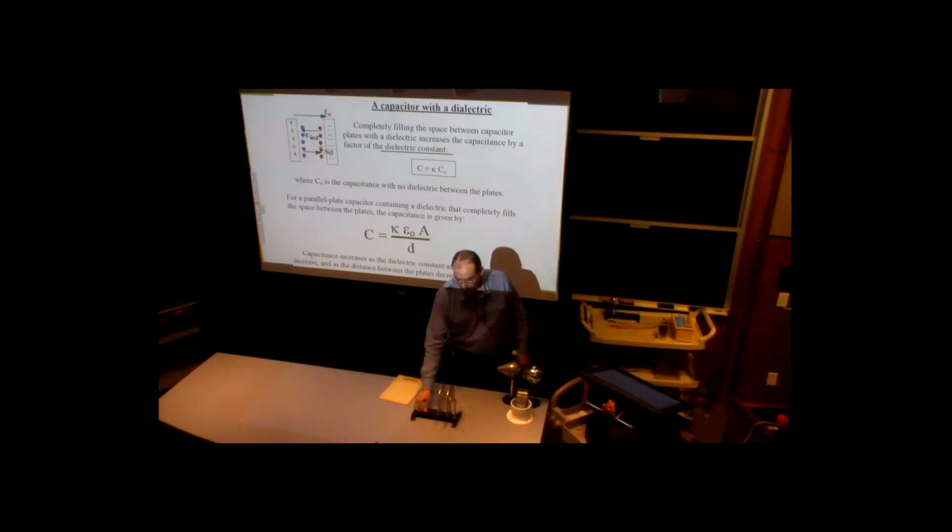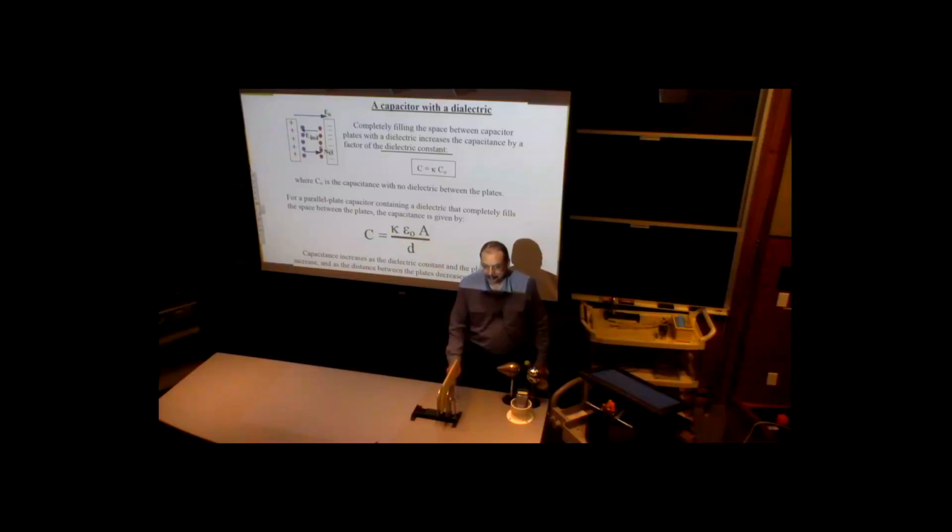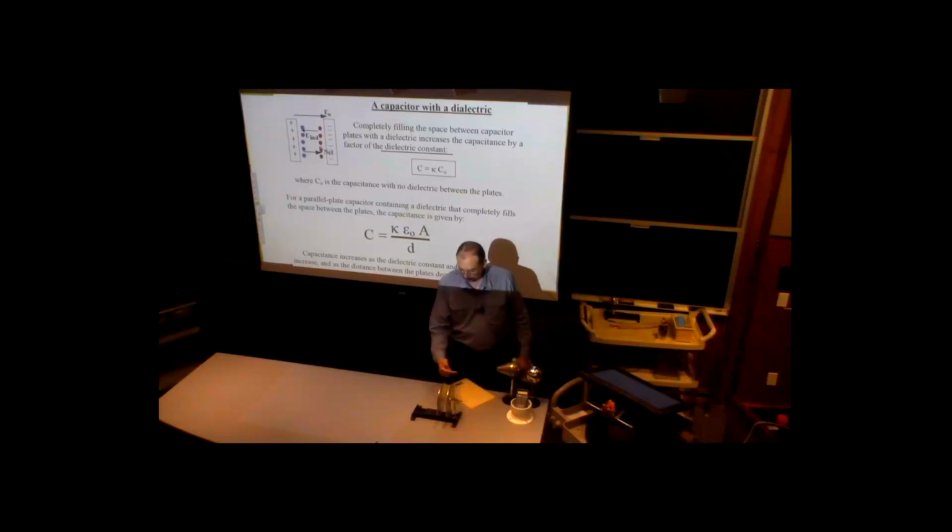Even if I move plates closer and farther, that doesn't change the amount of charge. If I place something in between, that doesn't change the amount of charge on the plates. But this dielectric will be polarized. Remember the example with a bat and a wood? And that polarization actually decreases the total electric field inside. So we can put more charge on it to get exactly the same original potential difference.